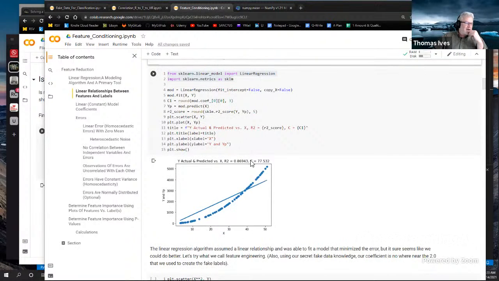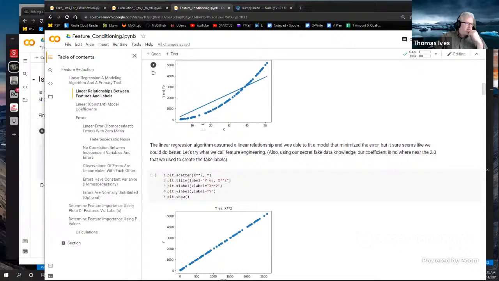But look, it got a model coefficient of this, and I didn't let it fit the intercept just for simplicity. But isn't that interesting? And so I think, all right, the linear regression algorithm assumed a linear relationship, like we said, and was able to fit a model that minimized the error, but it sure seems like we could do better.